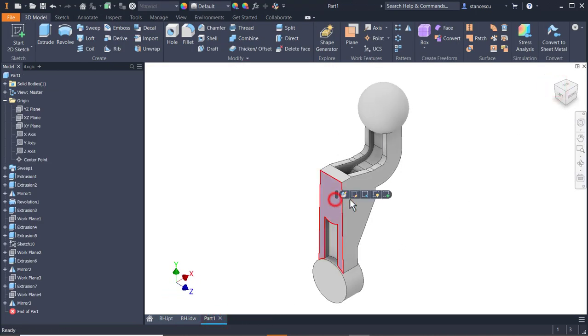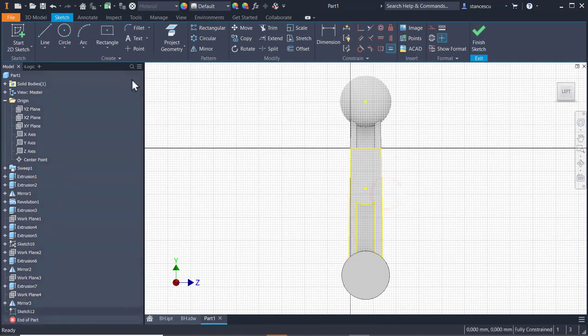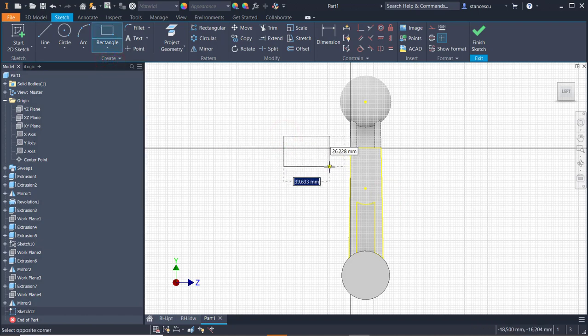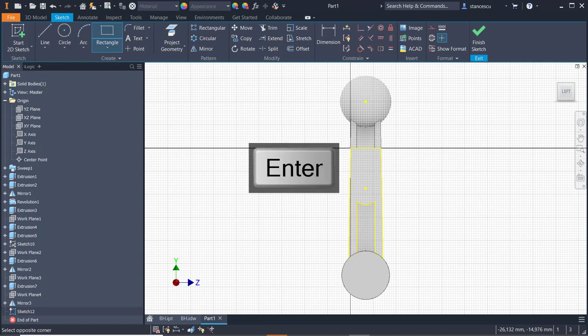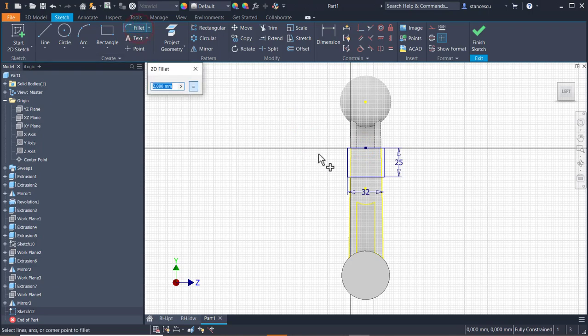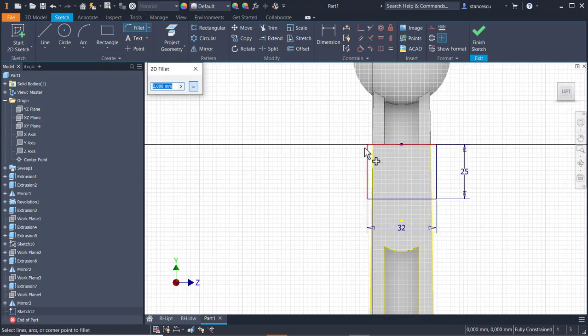This plane, sketch, rectangle, normal one with 32 tab 25. This point, center point, is identified with this, and fillet the corners. If you see two red, then the selection is okay. Selection OK, selection OK, OK.